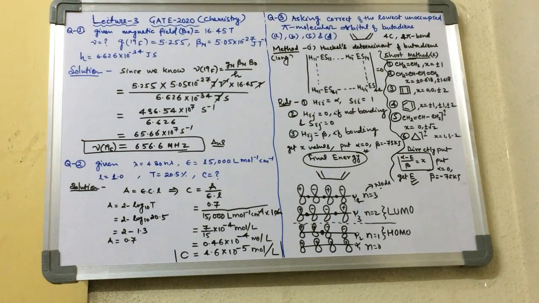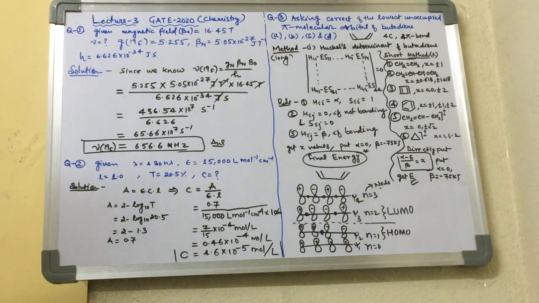Okay, this 19 fluorine nucleus. And here given the g value, beta n, and Planck constant h.